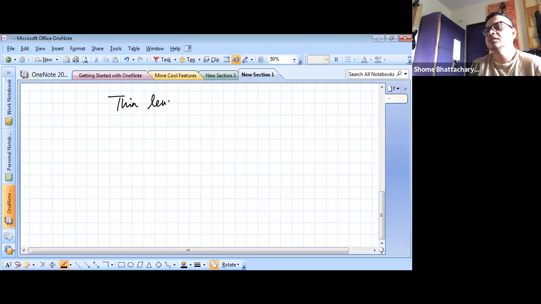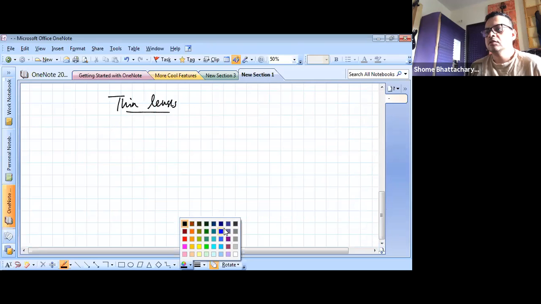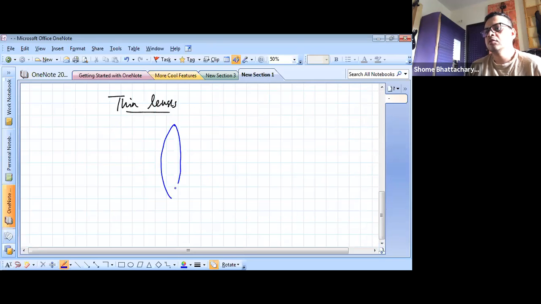For thin lenses, there is refraction happening once from air into glass through the surface which has R1, and then from glass back into air through the surface which has radius R2.